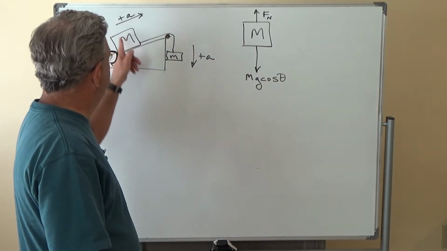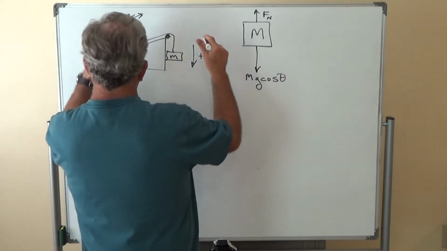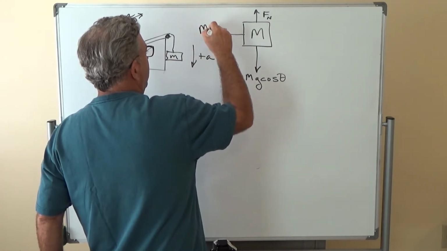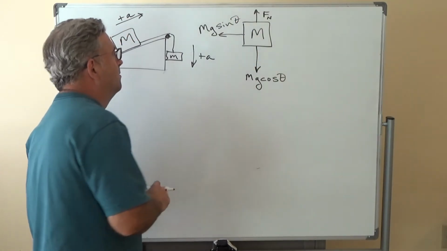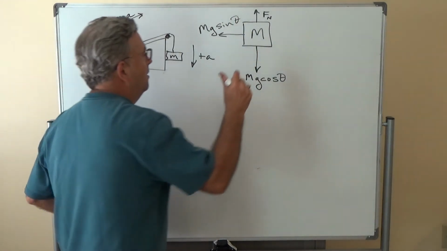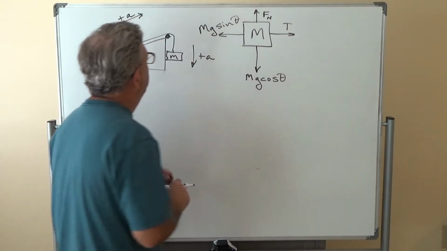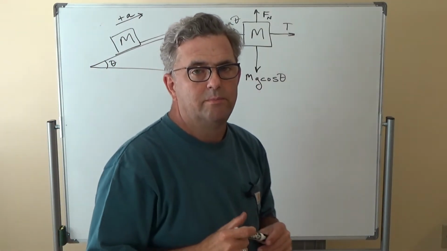That's that force this way. The force that's down the plane is big Mg sine theta. Okay. Then there is a tension force due to the pulling force of the string.